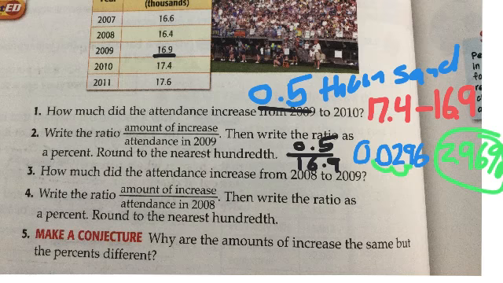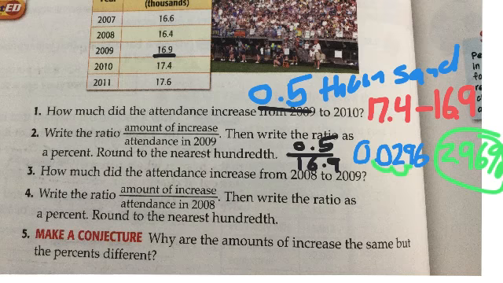So that means the growth from 2009 to 2010 was a 2.96% growth. So how much did the attendance increase from 2008 to 2009? Well, that's just doing it again, and then you'd be finding a different percent of change.